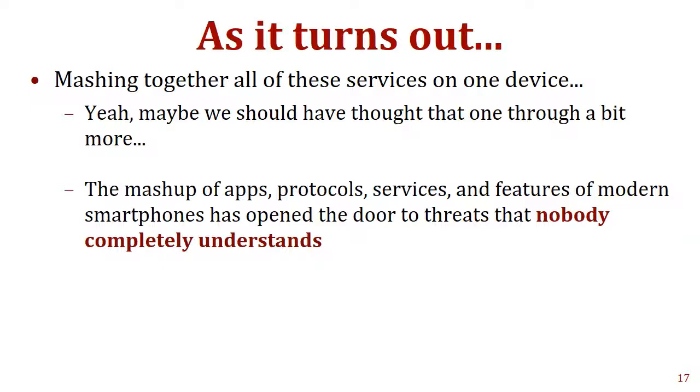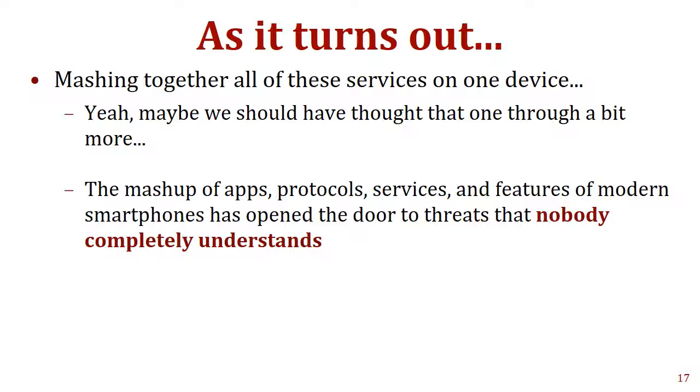That's because modern smartphone systems have so many different components, and to make the smartphone system secure, we need not just to consider each of the components, but we also need to understand how the different parts really work together, and we need to make them secure as a whole.